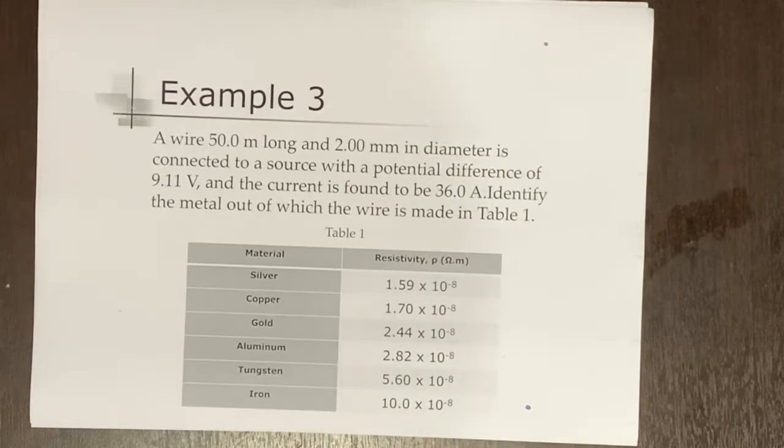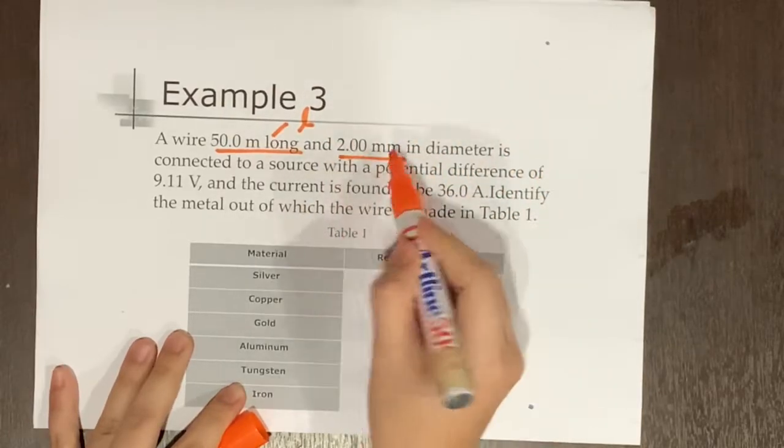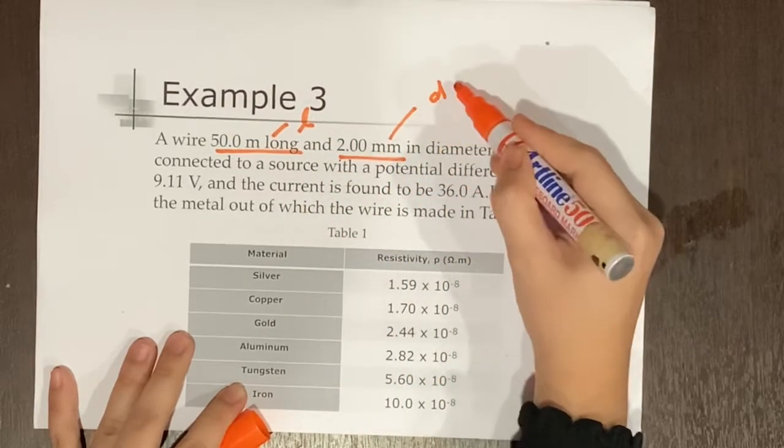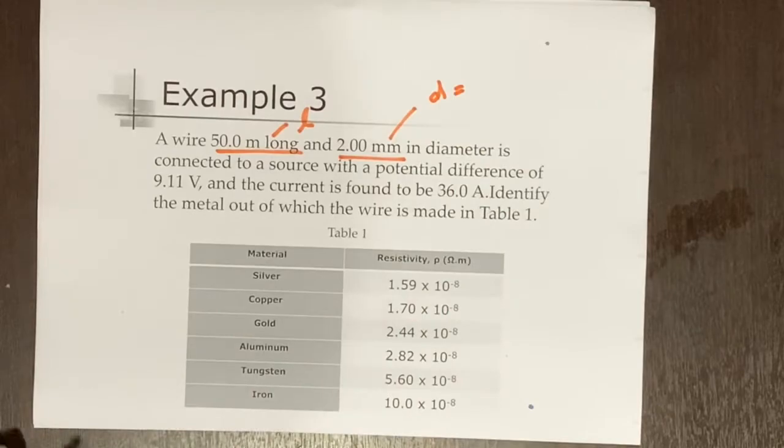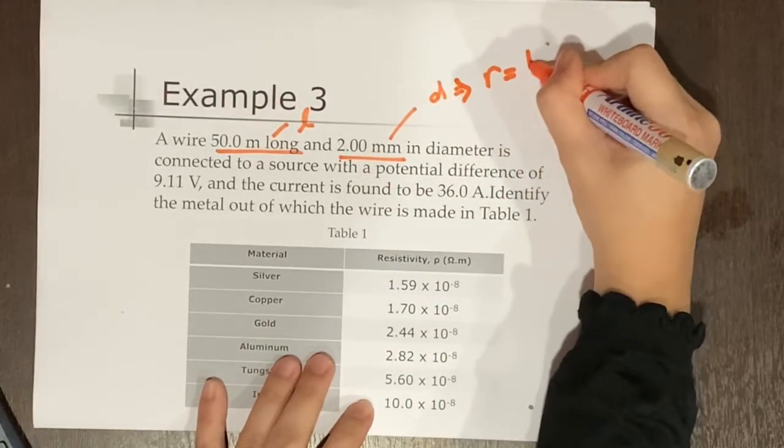Okay, example 3. A wire 50 meter long and 2 millimeter in diameter. So long is the length, 2 millimeter is the diameter. So the radius is equal to 1 millimeter.